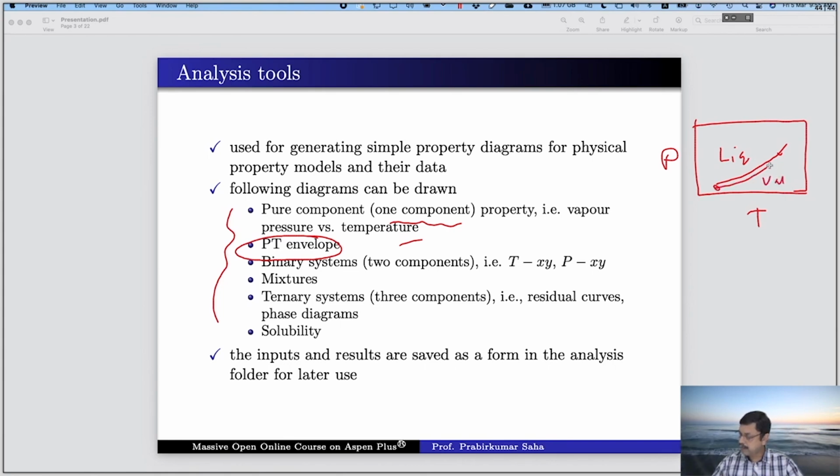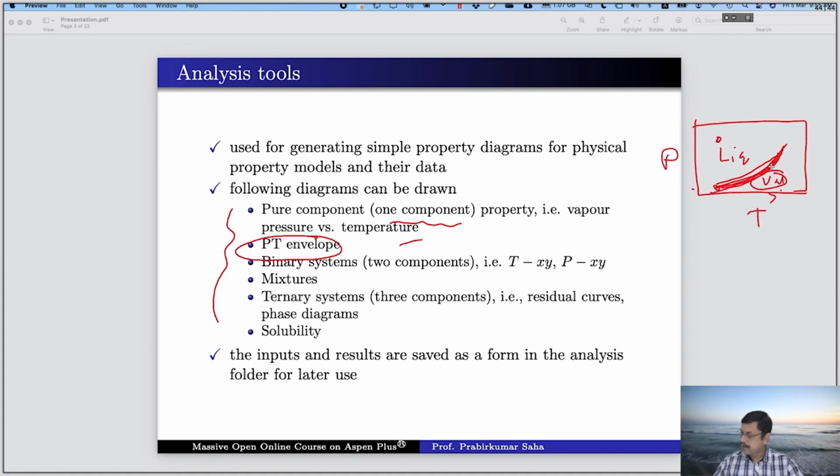We'll get a line, and this is the boiling point line, because as the temperature goes higher, with low pressure it will be vapor phase, and with low temperature and high pressure, it will be liquid phase.